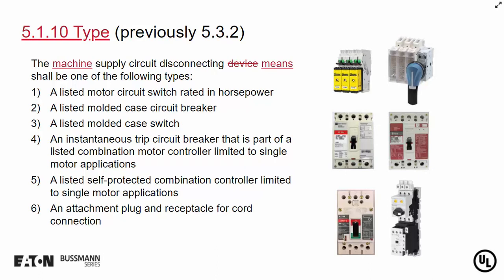The one on the left is more of what we call a Type E device, where it's manual protection or manual operation, whereas the one on the right, bottom right, is a Type F device, where it includes the additional contactor for automatic operation. But again, just like the MCP in item 4, that is only permitted in single motor applications.